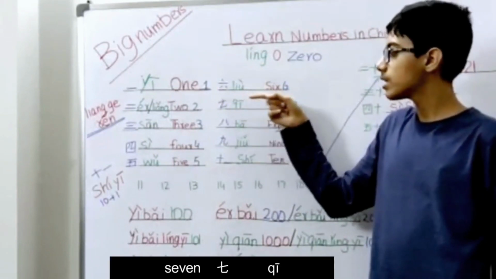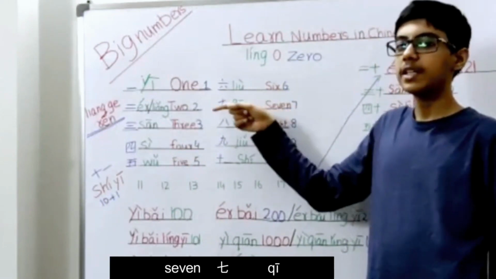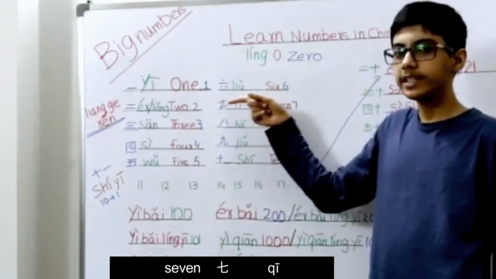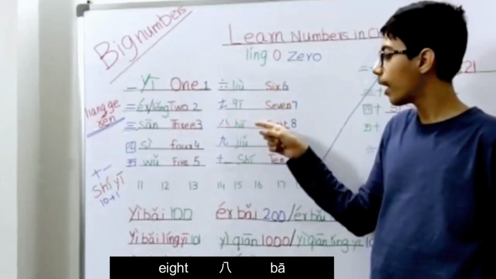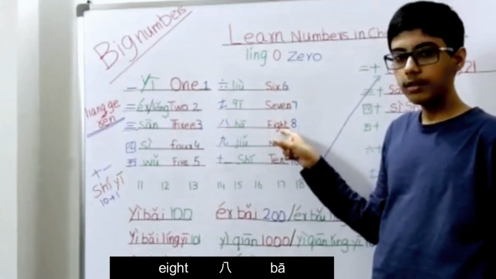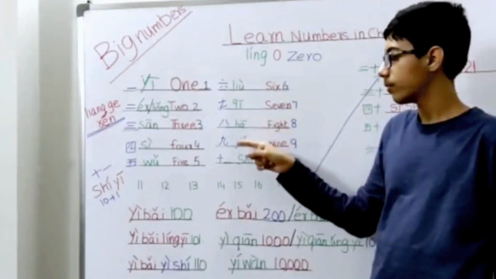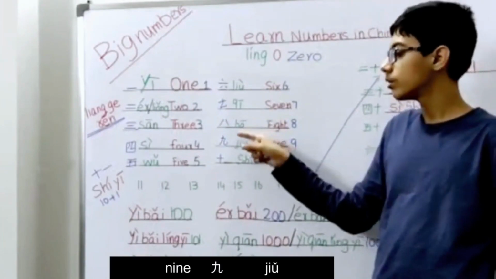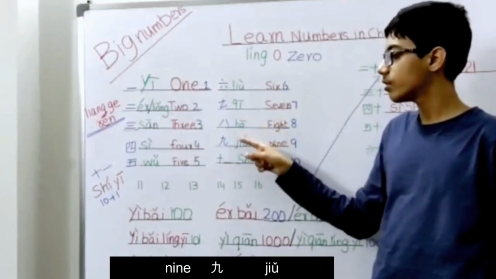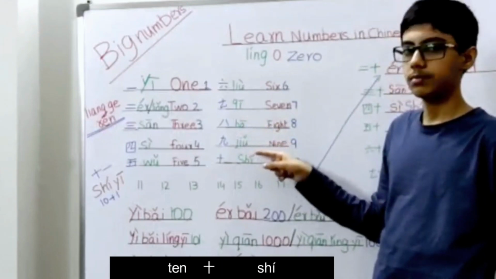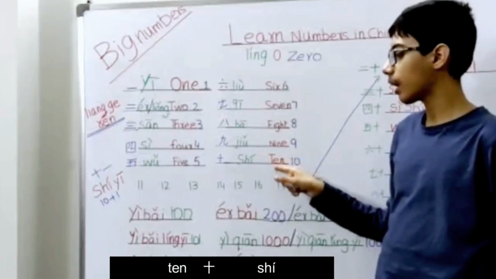Qī means 7. Bā means 8. Jiǔ means 9. Shí means 10.